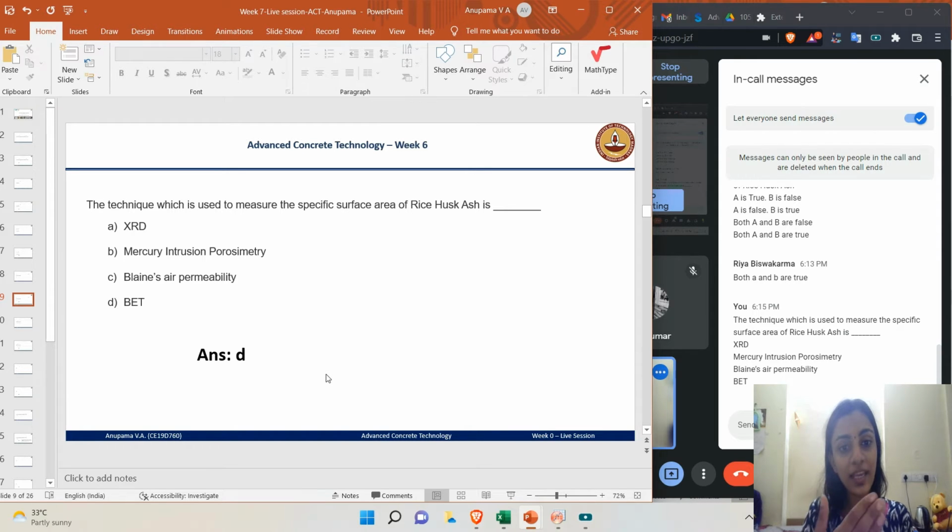First of all, air should permeate through the pore structure of the material for measuring the surface area of the grains. In between the grains, it should pass. That is not possible because the grains are very small. So, in such cases, through adsorption of a gas, maybe nitrogen or like that, we measure the specific surface area. And the technique is BET. Okay, move to the next question.